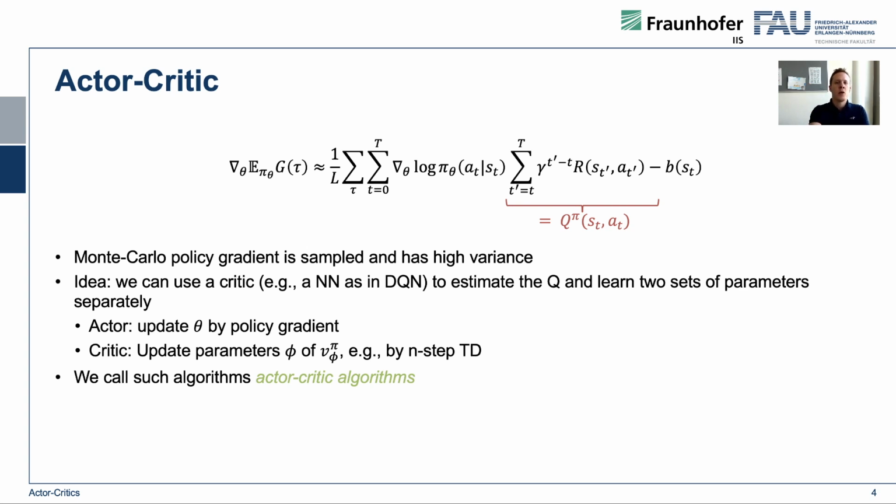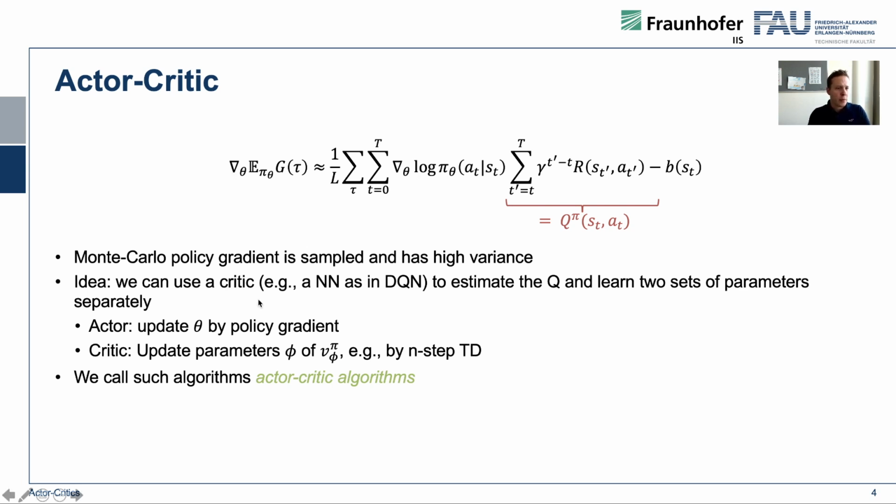And this is what we will also be doing in here. So we will not use the sample-based estimate of Q, but our neural network, our critic that estimates Q. And we will use this as a target for our policy gradient update. So we will introduce a little bit of bias as we now approximate Q with a neural network instead of using the actual sample that we obtained from the environment.